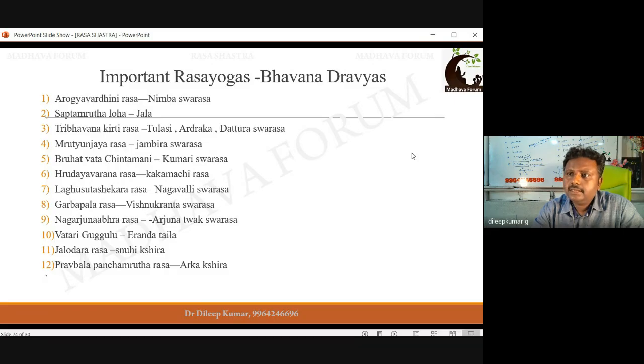Any other Kashtaushadhis, the dose will be higher. Here Rasaushadhi doses are very less, 1 ratti to 2 ratti maximum, in divided doses or once in a day. So the main advantage of Rasashastra is that we use very little medicine and the result will be ultimate.